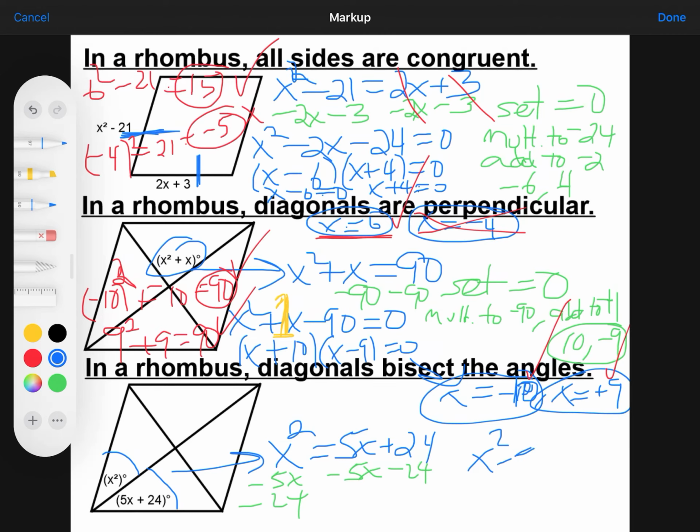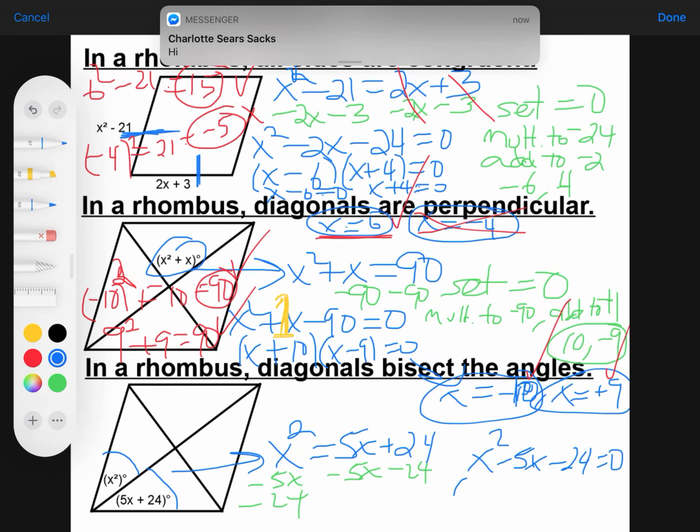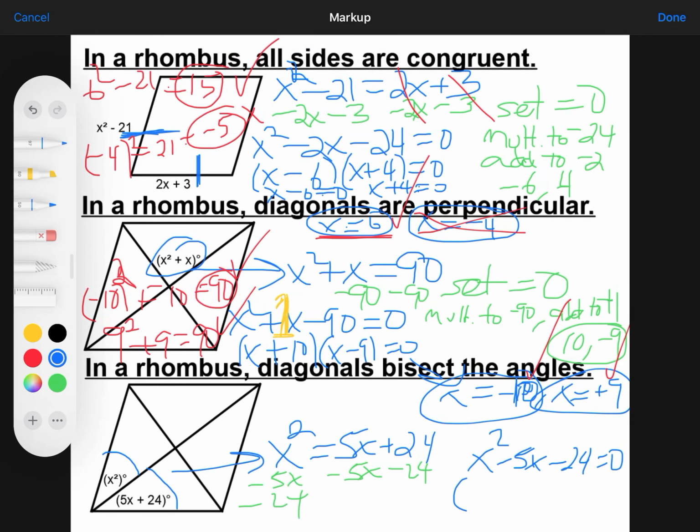X squared minus 5x minus 24 equals 0. Figure out what multiplies to negative 24 and adds to negative 5. It's negative 8 and 3. Always has to be the opposite answers.